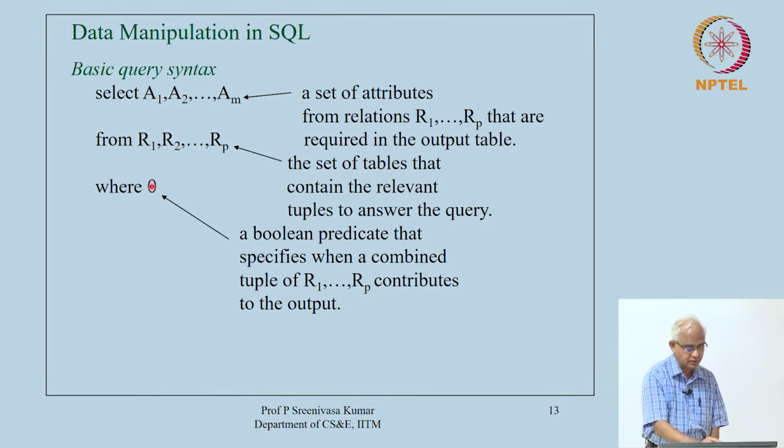So what is the condition? It is a Boolean predicate that has to be satisfied by the combined tuple of R1 through Rp, so that it can contribute to the output.